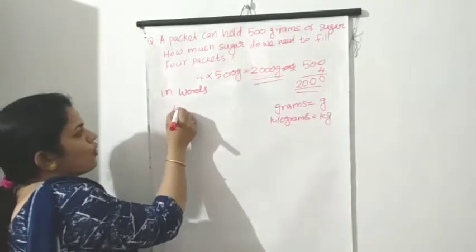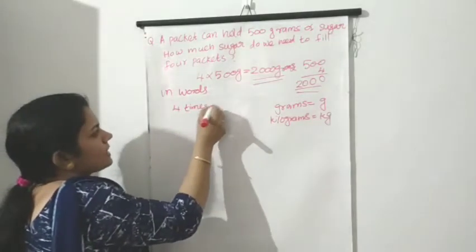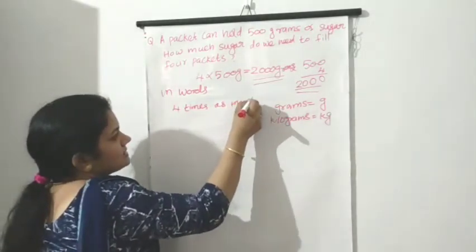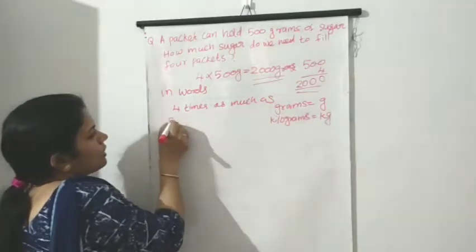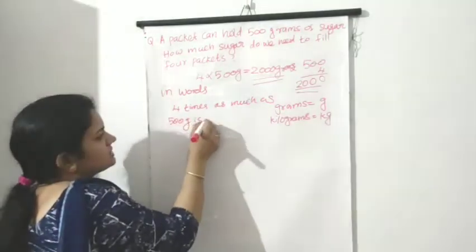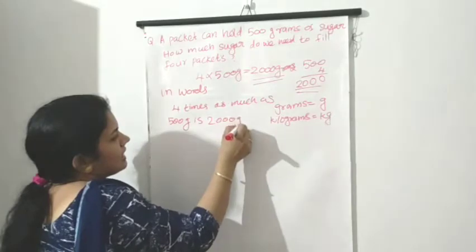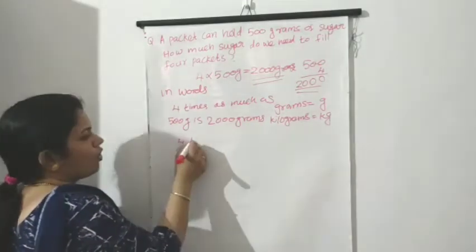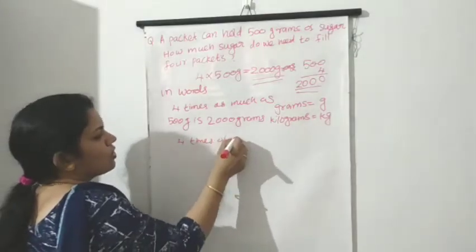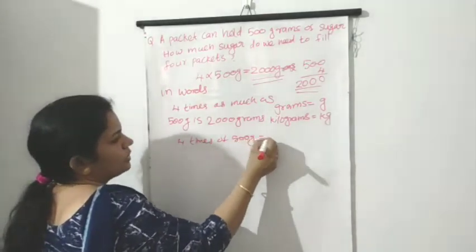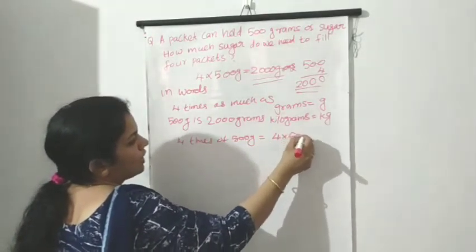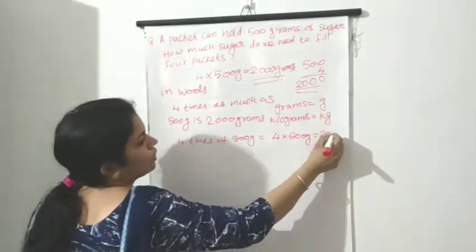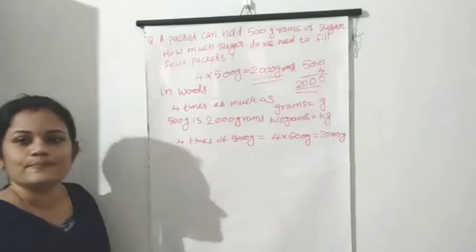How to write: 4 times as much as 500 gram is 2000 grams. Simply we can say 4 times of 500 gram equal to 4 into 500 gram equal to 2000 gram.